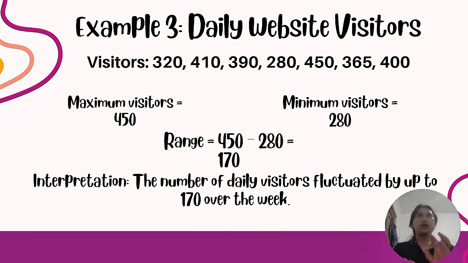As you can see, there is a smaller number which is 280 and the maximum number is 450, and that will become the range, and 450 minus 280 is equal to 170. That's why we get that the daily visitors fluctuated by up to 170 over the week, and that was the final answer. And that's all.